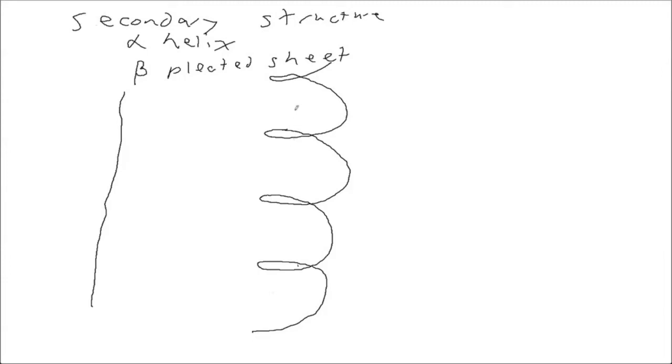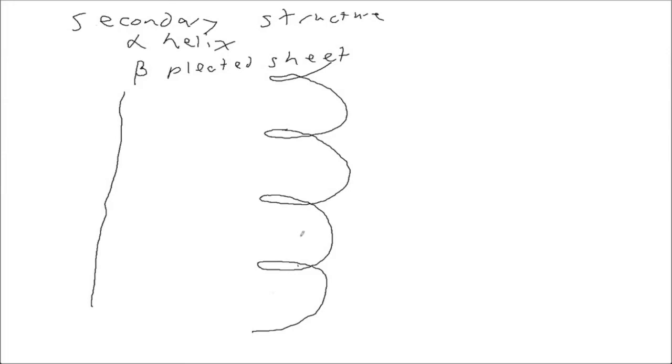Now, this is a highly ordered shape. This is not something that would just naturally happen without a reason. A piece of string does not just automatically take on this highly ordered shape. So there must be some type of interaction that's holding this alpha helix in this shape.